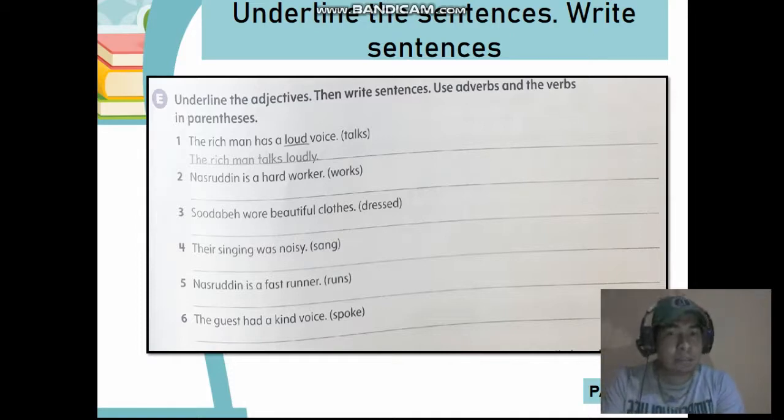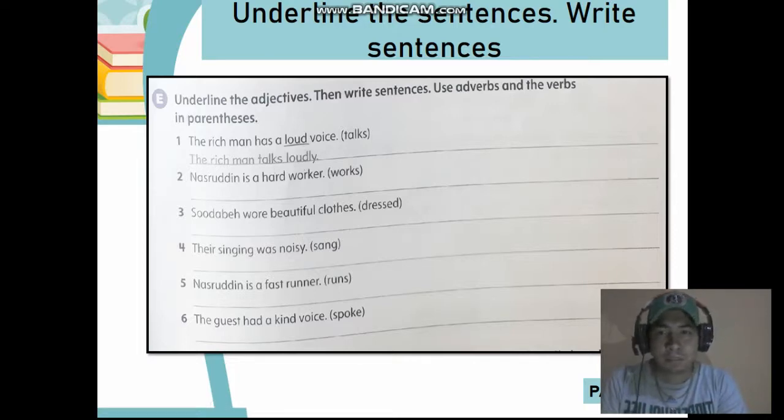What is the adjective here? Loud is the adjective, so you underline loud. And now we need to make a sentence with the word talks. So the sentence is, the rich man talks loudly.